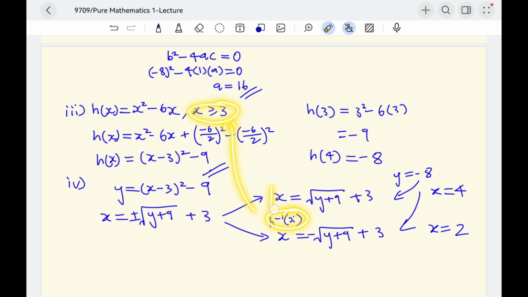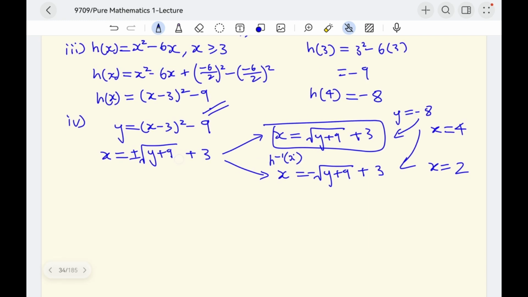So the only answer is the positive scenario. So you need to rewrite the expression of the inverse hx, which is the square root of x plus 9, plus 3.